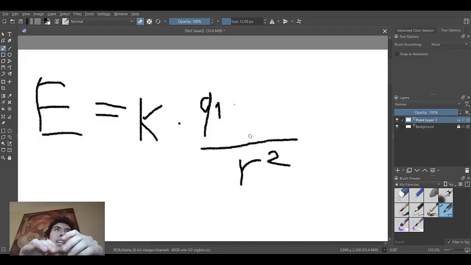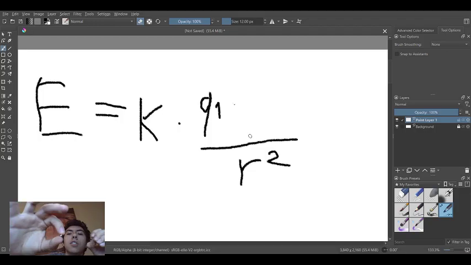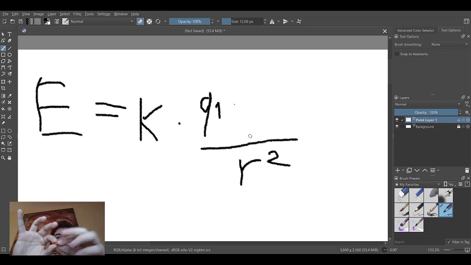Magnets are not exactly like particles, because particles can be positively and negatively charged, whereas magnets have two poles, but it will still work for our purposes because essentially they have a positive and a negative charge. These two, in this case, attracting like this, would be a positive and a negative charge.